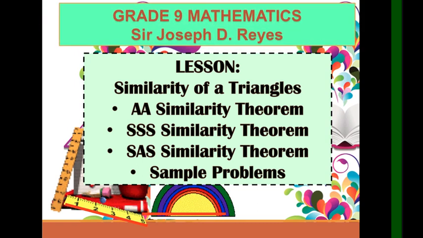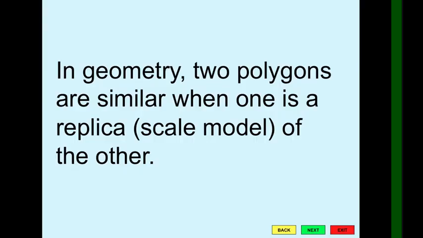Now let's proceed to our main topic for today, which is all about similarity of a triangle. In geometry, two polygons are similar when one is a replica, a scale model of the other. It doesn't matter if they are not the same size, for as long as they have the same shape and the same angles inside, then they are similar.